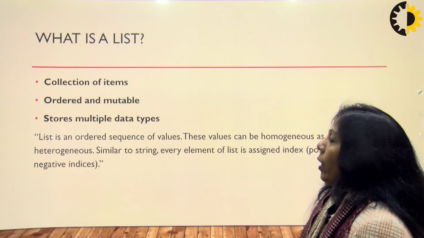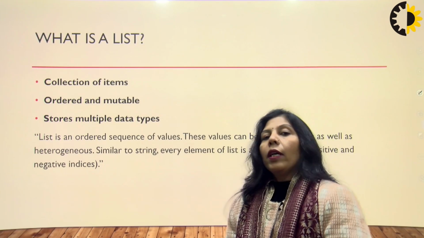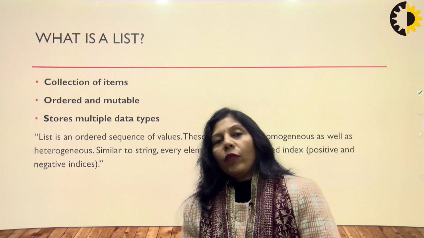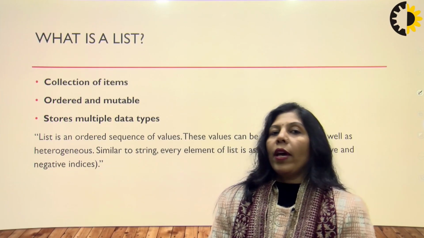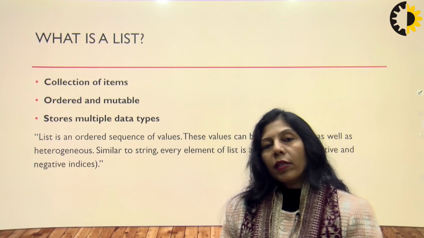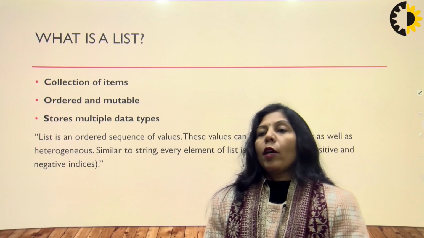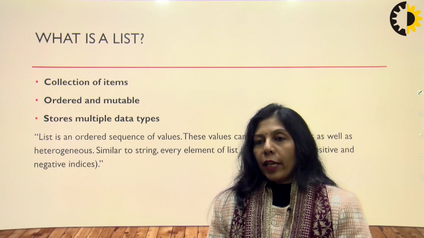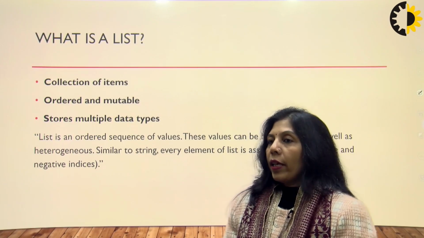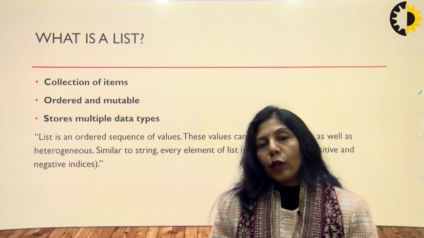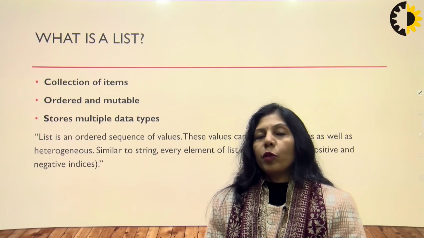So, in this data type, we can think of it as a container. This container collects various types of data within itself, and that's why we say it's a collection of heterogeneous objects.